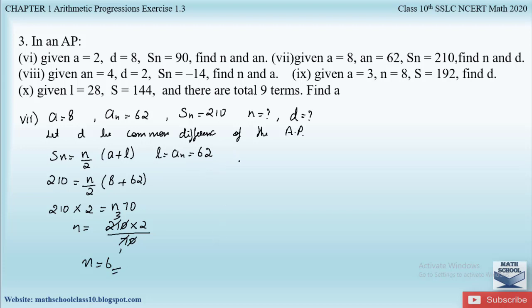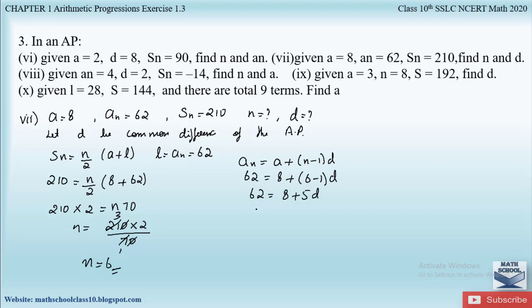Now let us use the nth term formula: an is equal to a plus n minus 1 into d. By using this formula we will find out the d term. So nth term is equal to 62, a is 8 plus n we got here as 6, so 6 minus 1 into d. So 62 is equal to 8 plus 6 minus 1 is 5d.